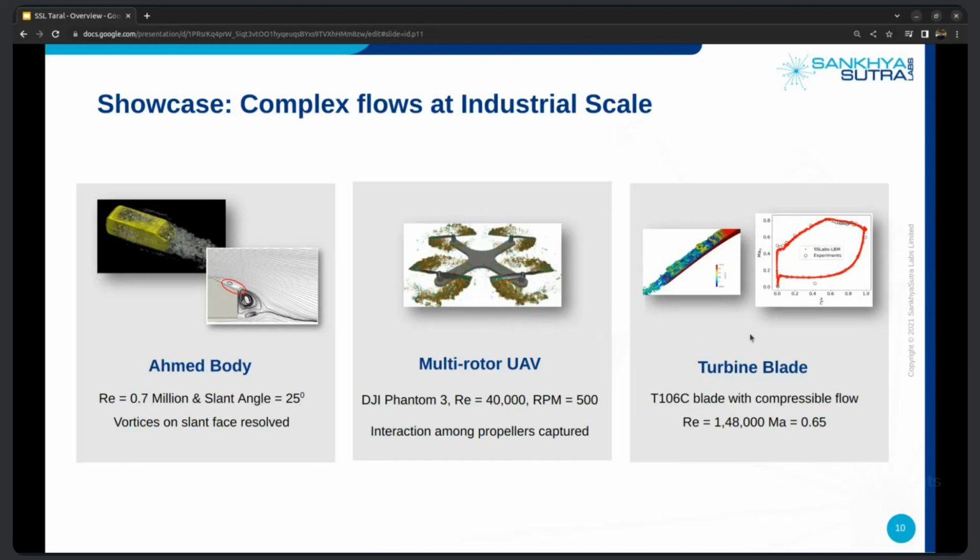And when it comes to simulating high-speed flows, for example, turbine blades in compressors, you see here that we are able to capture the local Mach number, even though it's going quite close to sonic conditions. This is all in the compressible range. Our solver does very well in capturing the local Mach number across the profile of the blades.